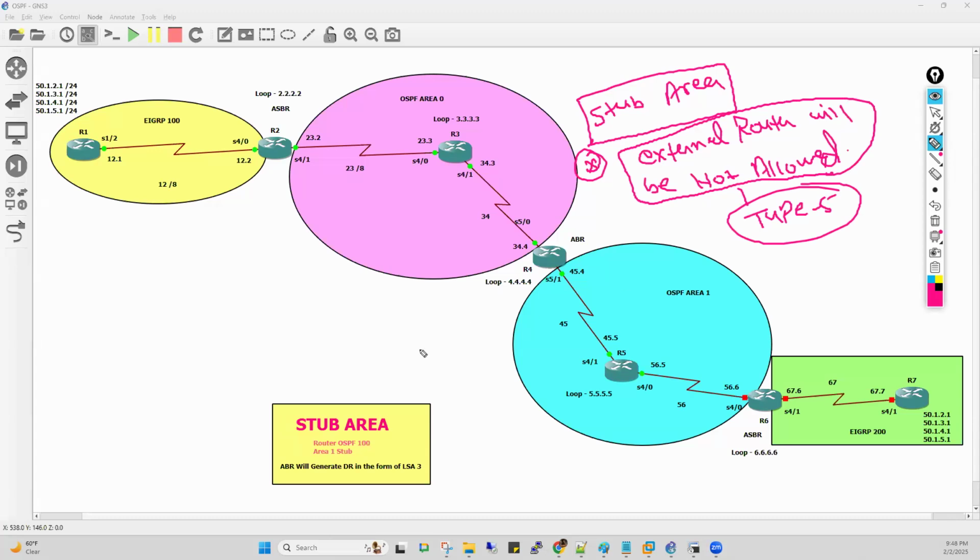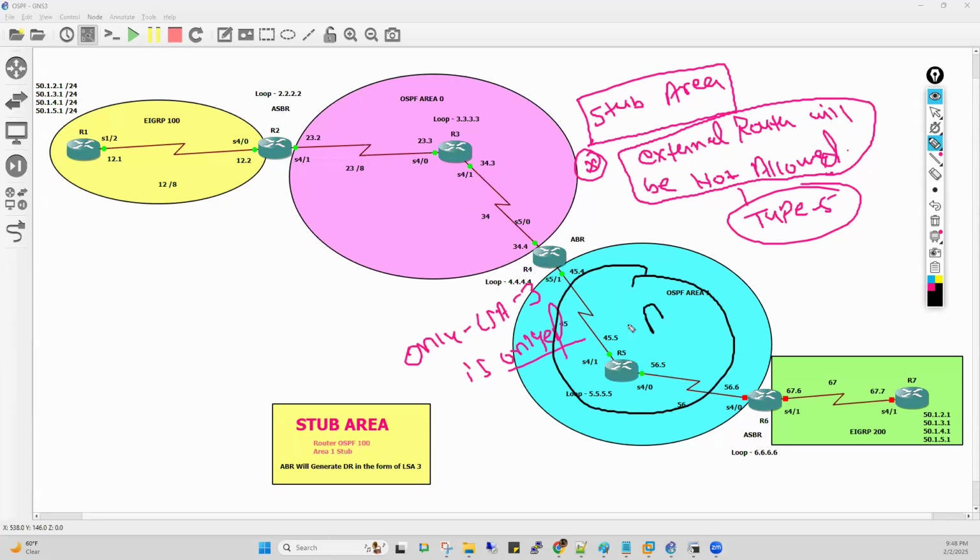Only which LSA is allowed? Only LSA number 3 is allowed. Now again you may have a question, sir, for example, if we configure this area as a stub area, it means in this area LSA number 5 will be removed, yes or no?